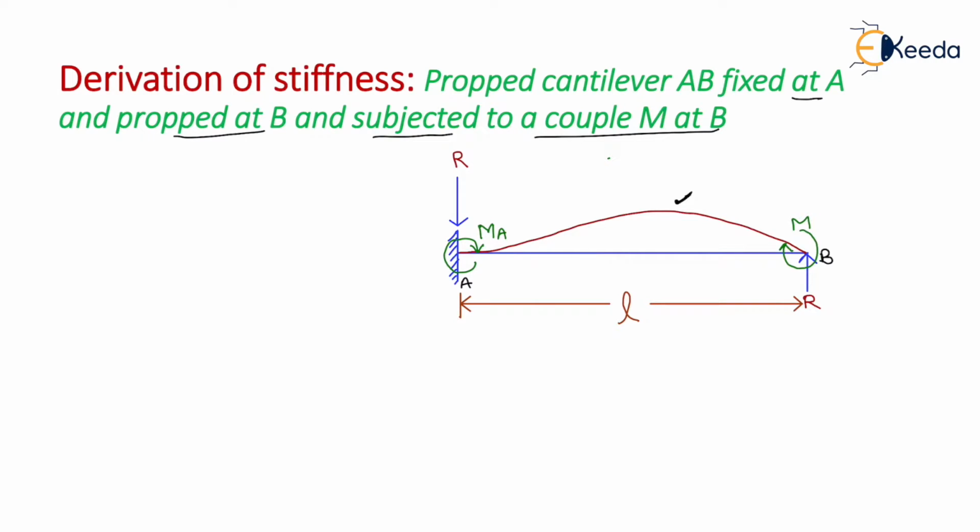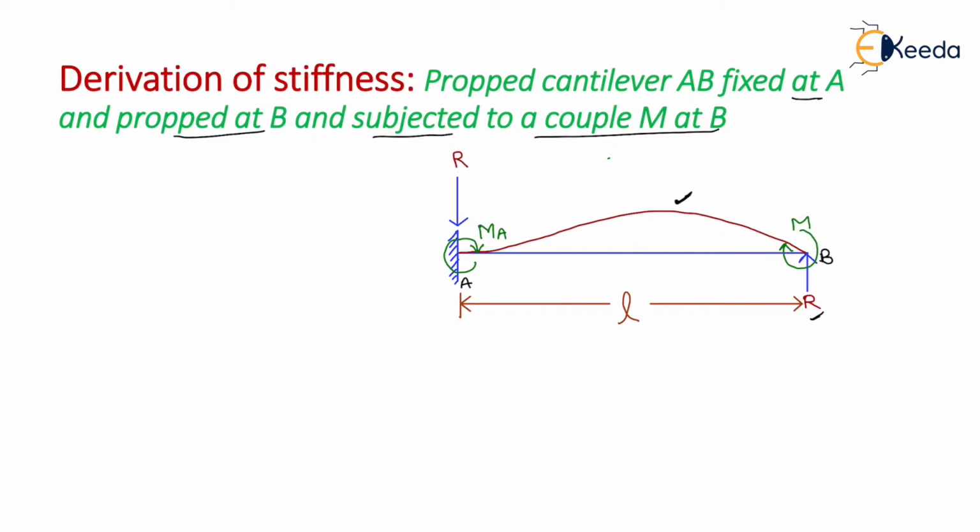Now to balance this moment, the support reaction will be generated, that is represented by capital R here. Now for the derivation of stiffness of that beam, we need to consider a section here.